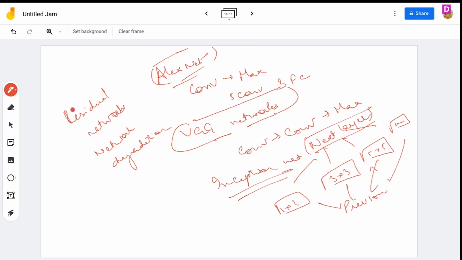Hence we should understand how it all started. I mean, right now the best architecture that is being used is nowhere close to any of these architectures. But it is still very important that we know about the history of how these networks started. Hence, we should know about all this. And obviously, these are very much asked in the interviews.